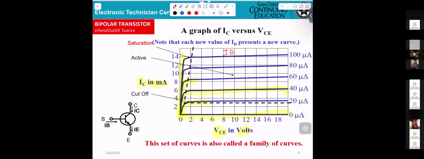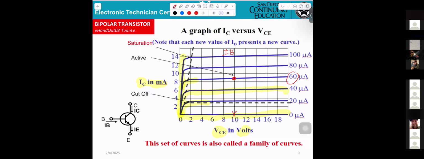If you get right here, this one, you can say what IB equal. It will be 60 microamp. If you want the VCE, you go down here. It will be 10 volt.